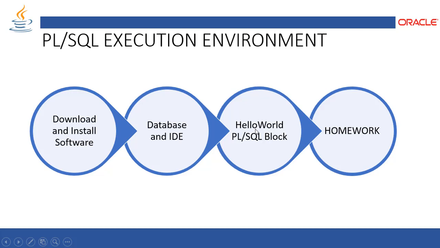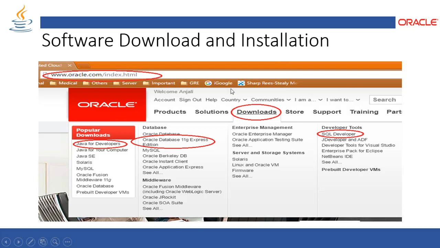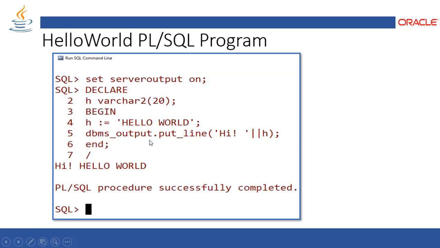Next, we will learn about Hello World, a simple PL SQL block of code, and then we have homework just for practice. So this is the oracle.com software download. You can download the Oracle Express Edition database server and SQL Developer as an IDE, follow the instructions, and these are very good, easy and user-friendly applications.